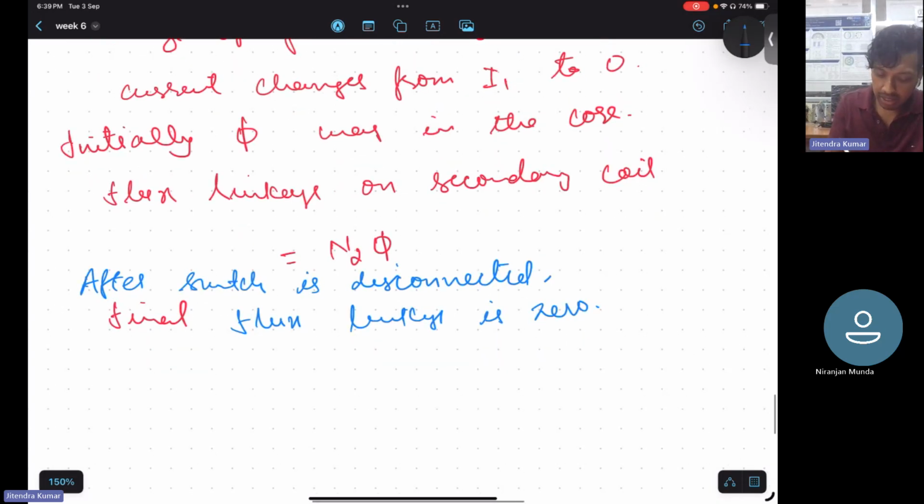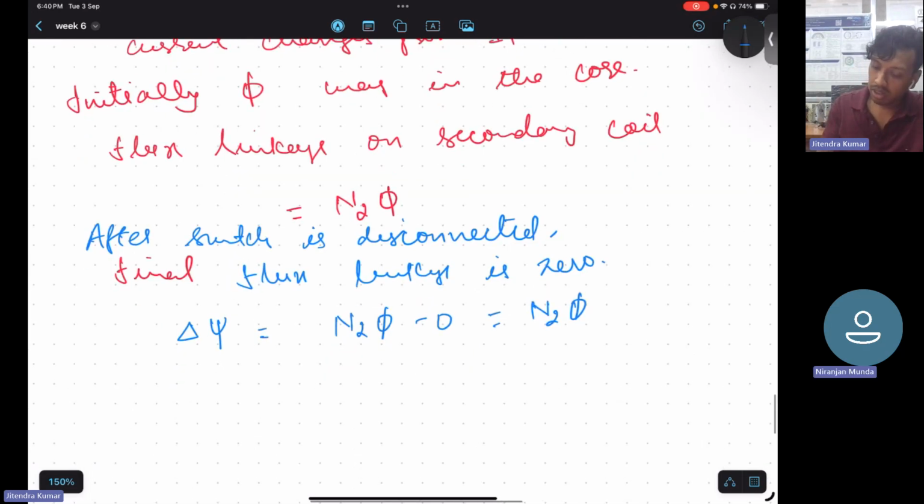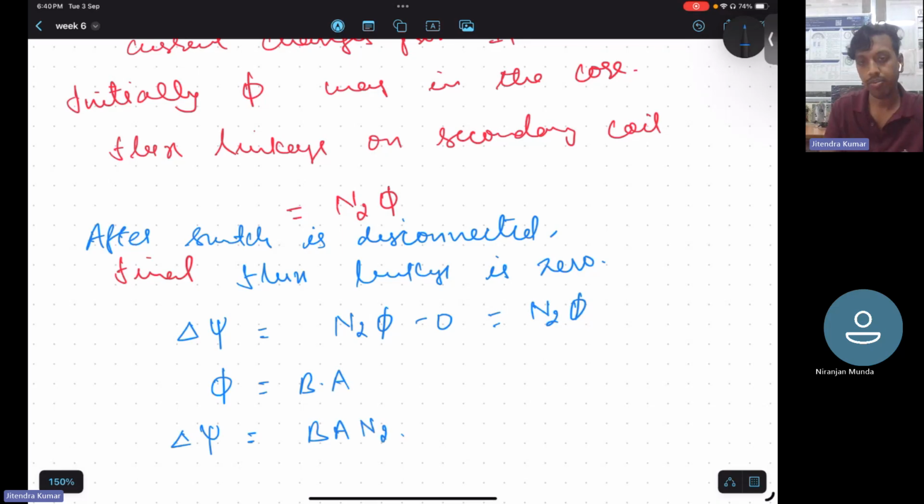So the change in flux linkage, delta psi, is N2 phi minus 0, which is nothing but N2 phi. Now phi is equal to B into A, magnetic flux density into area. So the change in flux linkage will be nothing but BA into N2.